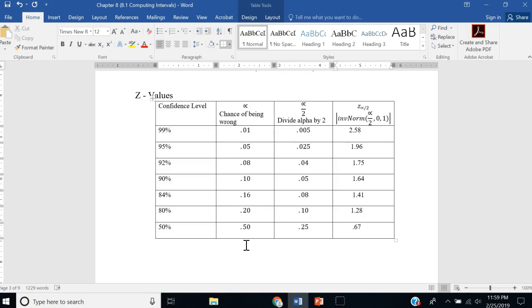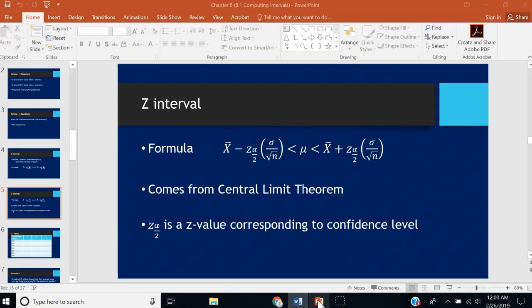But the second type of question, the one where we find sample sizes, we will definitely need to find and understand how to use these z-values. So on the test, you'll be given like a table like this, where it says confidence interval alpha, alpha over 2, z of alpha over 2. And you'll be asked to fill it out. And then when you need those z-values, you can go back and reference this table. And we will come back in this chapter and reference this table as well.